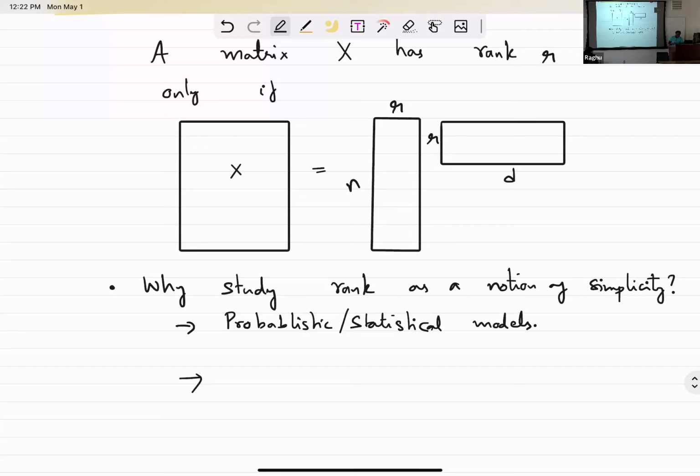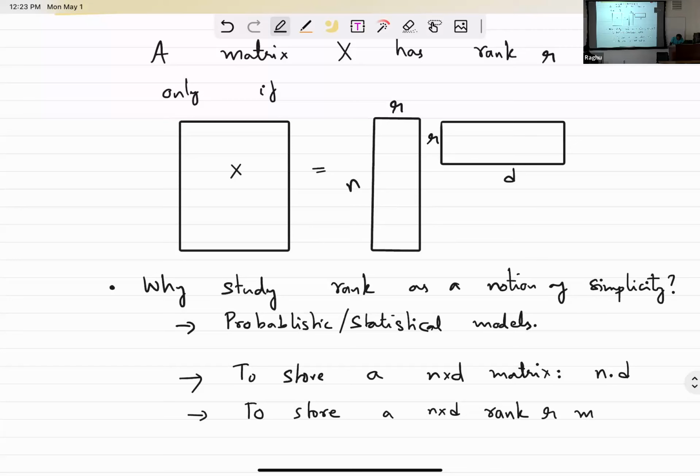Okay. If I have to store an n by d matrix, you need n times d memory, at least that many bits. And if your n is like 500,000 and d is like 20,000, that's already like 10 gigs of RAM. Whereas to store an n by d rank R matrix, how many numbers do you need?